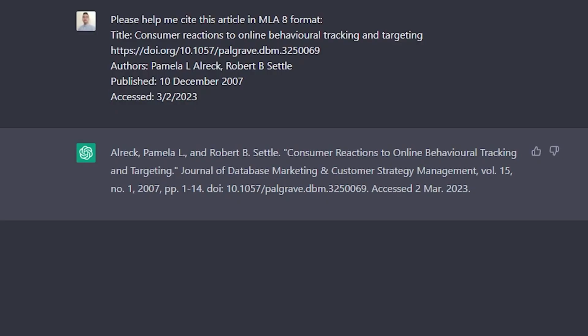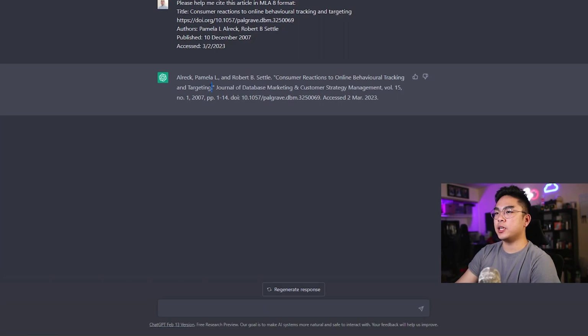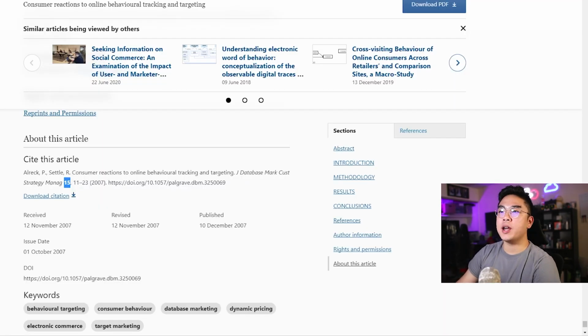See, it just comes up with the citation here of how it's supposed to be cited in MLA8 format. The crazy thing about ChatGPT citation is I didn't even provide this information right here, Journal of Database Marketing and Customer Strategy Management, volume 15. I didn't even provide that, but it actually got that information correct. If I go back here, you can see that this is from Journal of Database Marketing and Customer Strategy Management, the 2007 version, right?